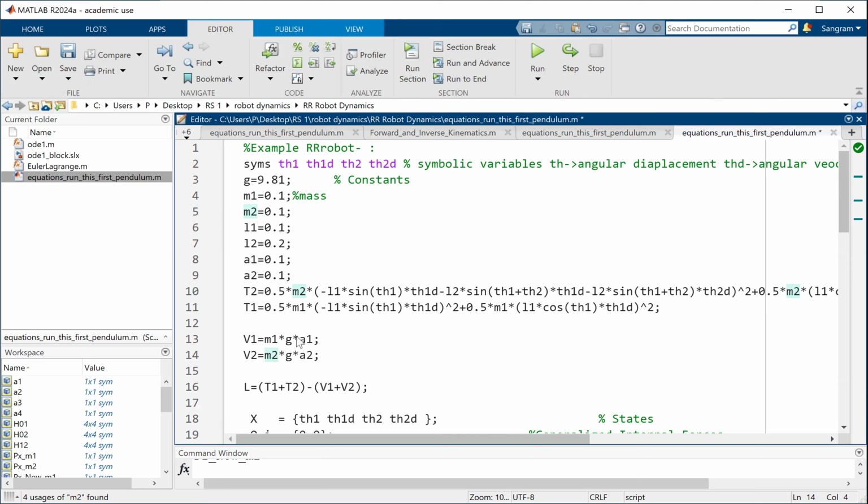Now, some of you may ask me, why two scripts? Ideally, you can write the whole thing in one shot. So basically, you can do the forward kinematics, you can do the velocities, you can formulate the expressions for the kinetic energy and potential energy, and solve in one shot. The only problem there is, when you are finding the velocities, you have functions of functions. So to replace the names of a built-in MATLAB function, you have to actually overload the function.